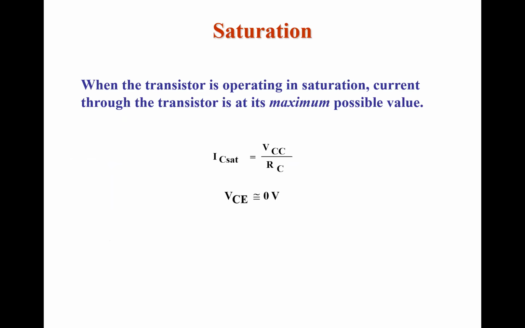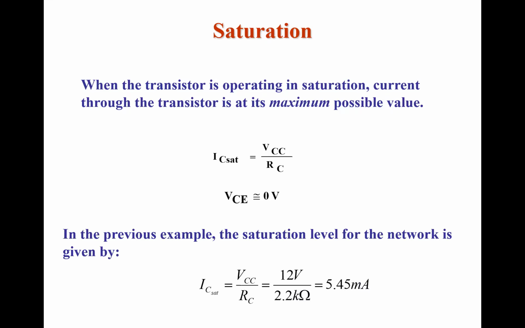This is the saturation current. IC sat is nothing but the collector current saturation value, VCC by RC. By applying the given values here, the saturation current is 5.45 milliamps. This is the maximum current amplified in the transistor.